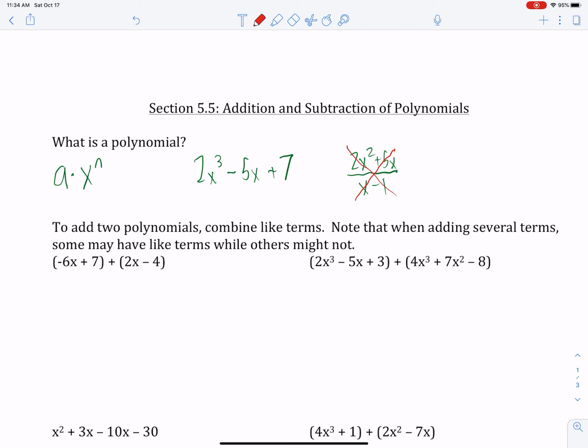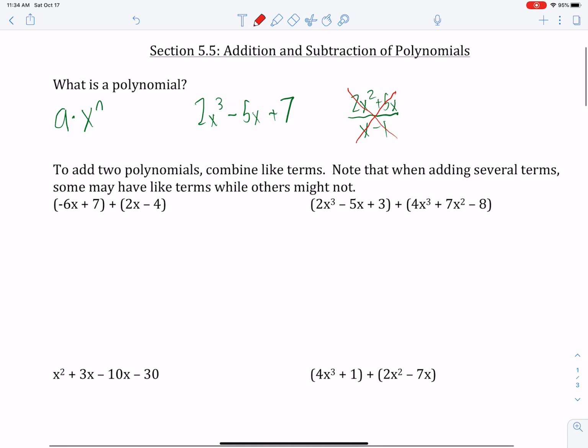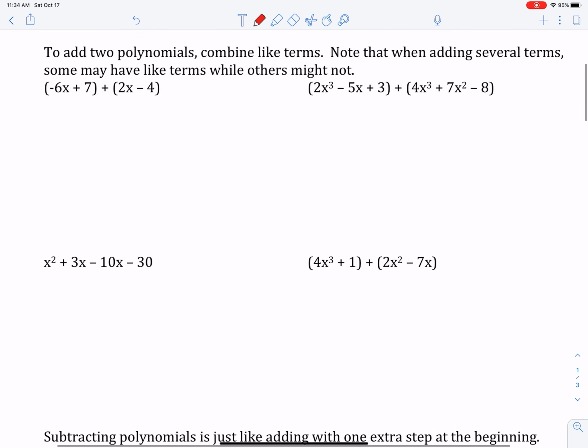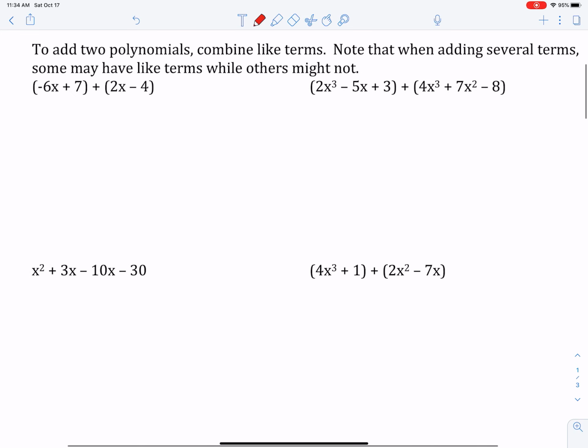So what we're going to be focused on over the next couple of sections is operations involving polynomials. And the first thing we're going to look at is adding polynomials. And we've actually already done this. Adding polynomials, all you have to do is combine like terms.